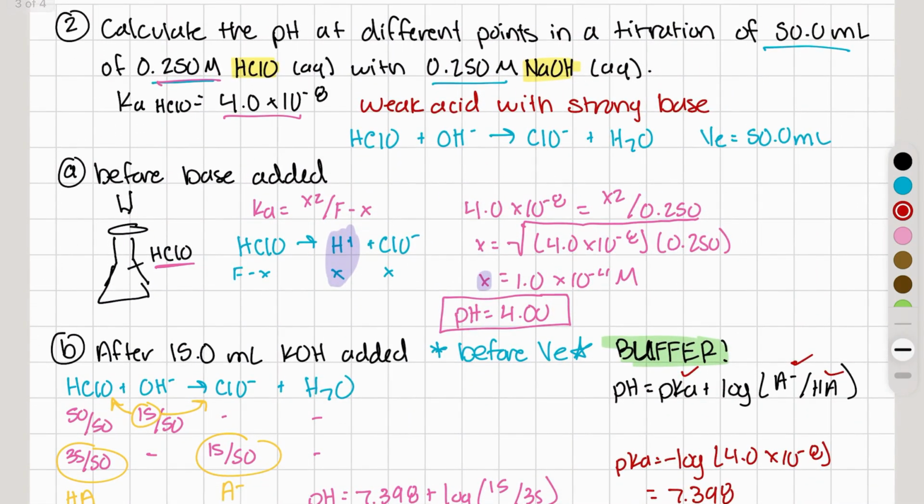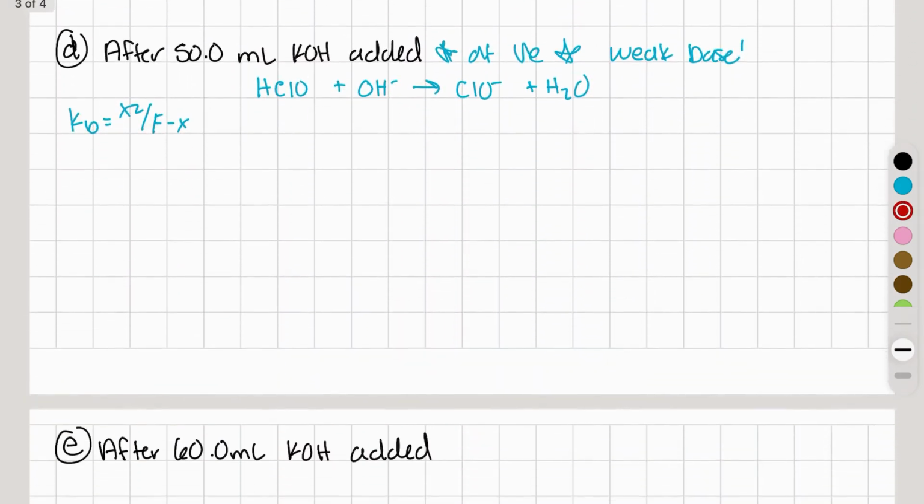So I'm just going to do 50, I'm going to turn that into liters. So 0.05 liters times 0.0250. And that's going to tell me I have 0.0125 moles here.